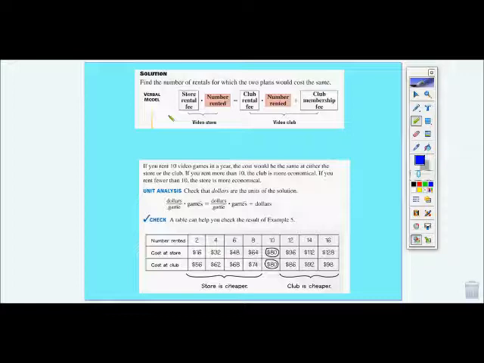So the cost at the store and the cost at the club: the store is always cheaper before we get to the 10 rented, but it's the same price when you have 10 rented, and then after that, the price for each video game is less, so the club becomes cheaper because you've already encountered the club membership fee. And that is the last example on lesson 3.4.